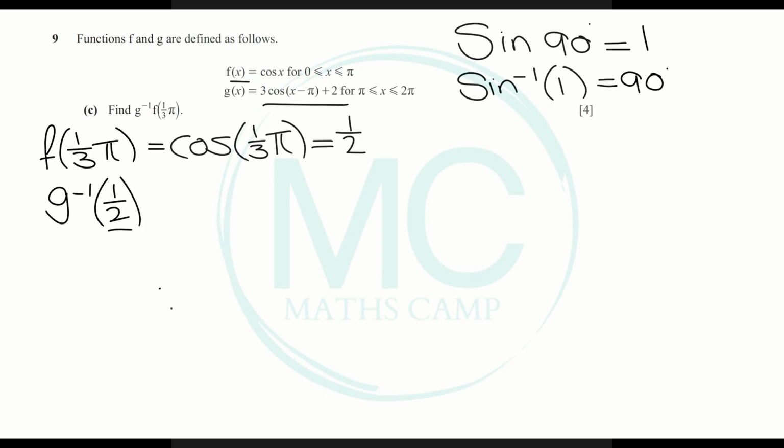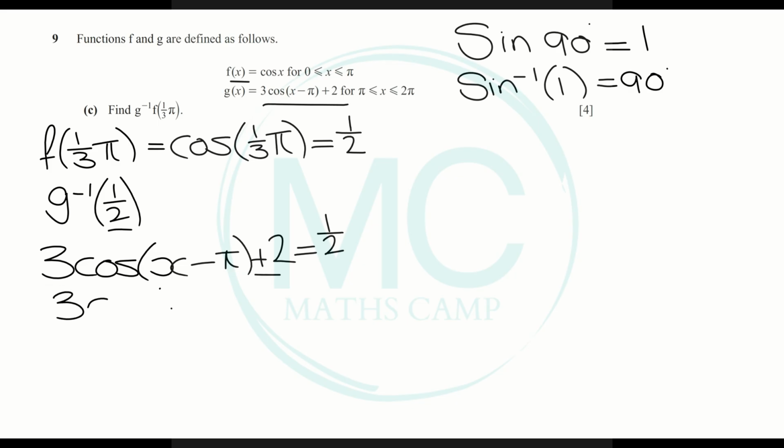So let's write our equation for g of x: 3 cos of x minus pi, plus 2. We're going to make this equal to 1 over 2. And now we need to solve for x. So let's move the constant 2 to the right. On the left, we have 3 cos of x minus pi, equal to 1 over 2 minus 2, which gives us -3 over 2.